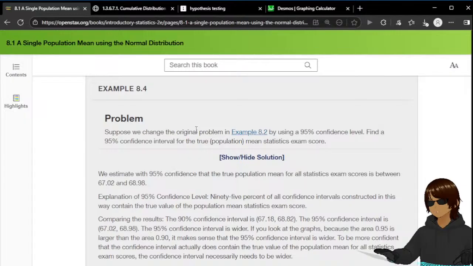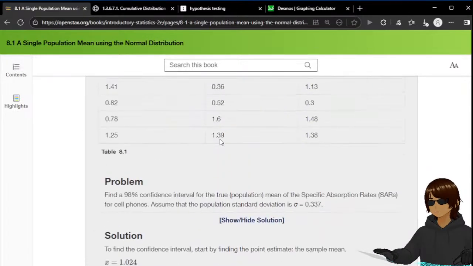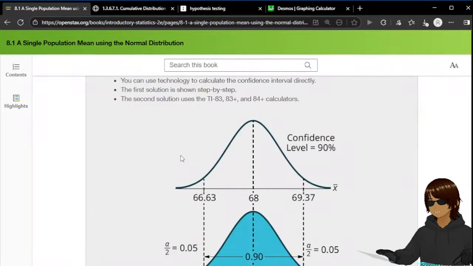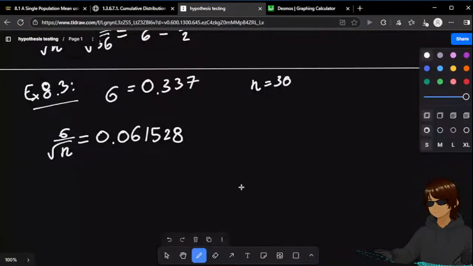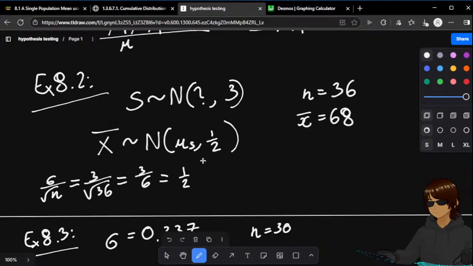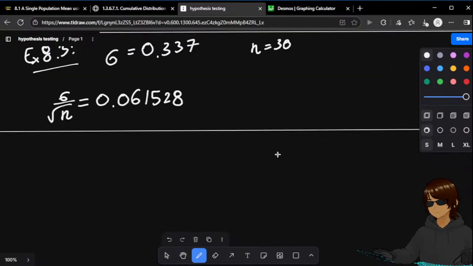Suppose we change the original problem in Example 8.2 by using a 95% confidence interval. Find a 95% confidence interval for the true population mean statistics exam score. Example 8.2.